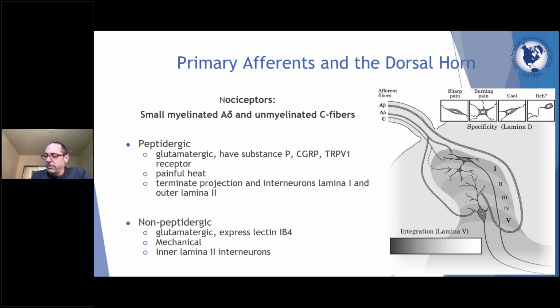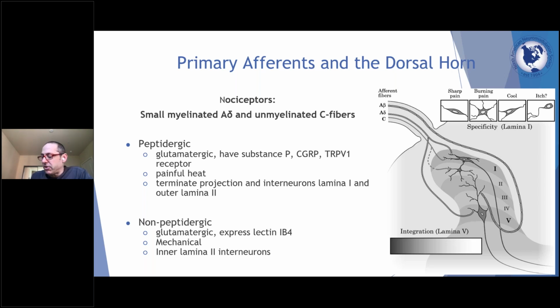The nociceptors, which sense pain, temperature, as well as itch, are classified anatomically into peptidergic and non-peptidergic afferents. One of these peptides clearly being substance P, as well as CGRP and TRPV1.